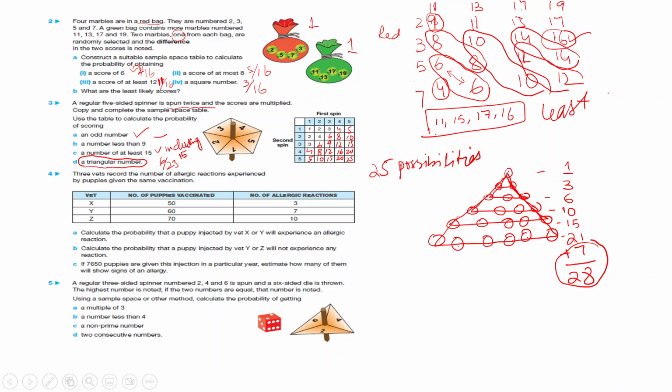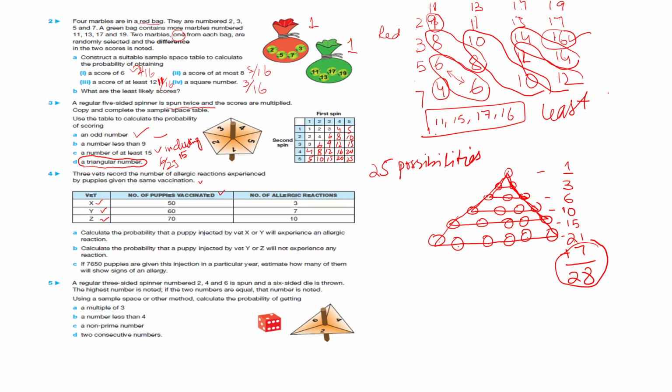Okay, so now we go to the next question, and in this one, three vets record the number of allergic reactions experienced by puppies given the same vaccination. So vet X, vet Y, and vet Z, and the number of puppies vaccinated.